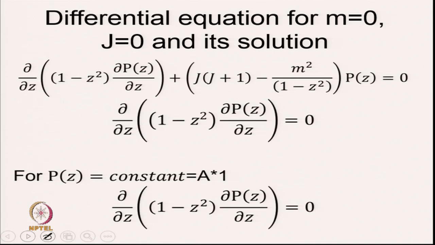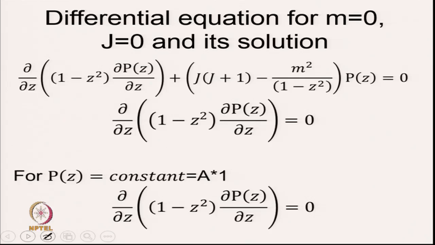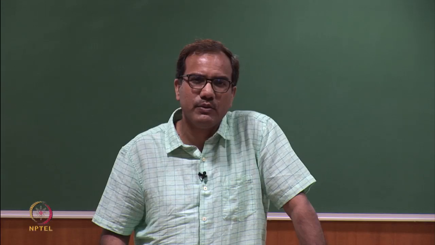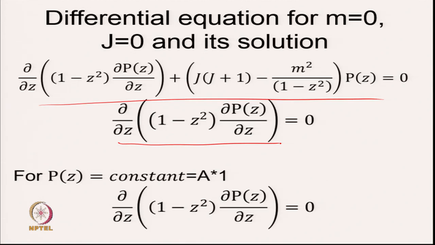So, let us think about the differential equation for m is equal to 0 and j is equal to 0, and what will be its solution. This was the differential equation which we just saw on the last page. If we put m is equal to 0 and j is equal to 0, what you will get is this equation.